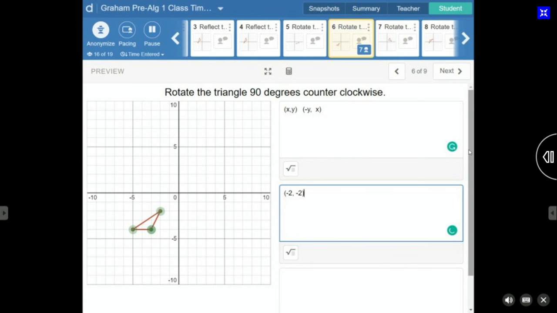So opposite of y goes first. My y is -2. So what's the opposite of -2? X goes second. Don't change it. Stays the same. So 2, -2. What quadrant is 2, -2 in?